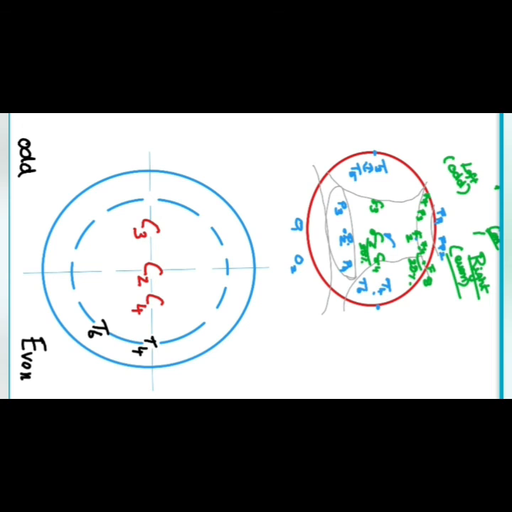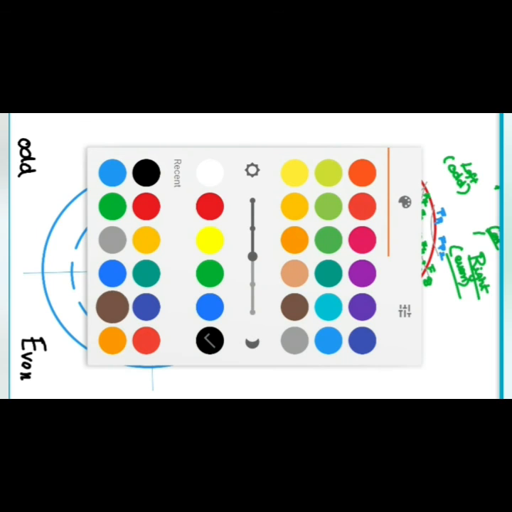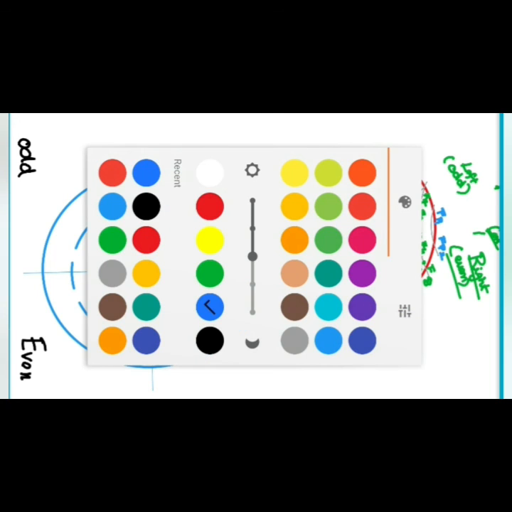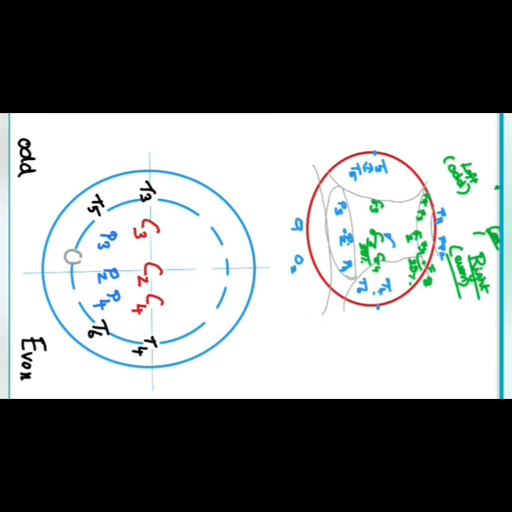So T3, T5, right? Then we'll have parietal, PZ, P3 on the left, P4 on the right. Then down below that we have the occipital region, which is O1, O2, right?